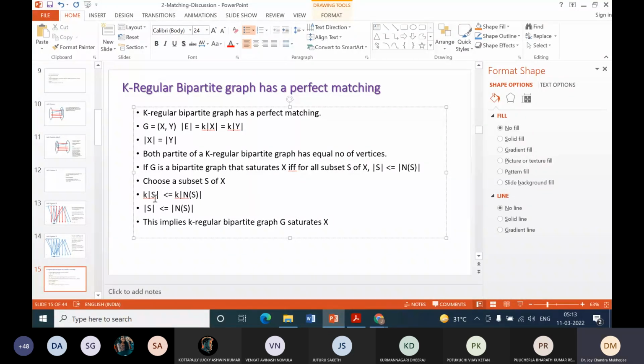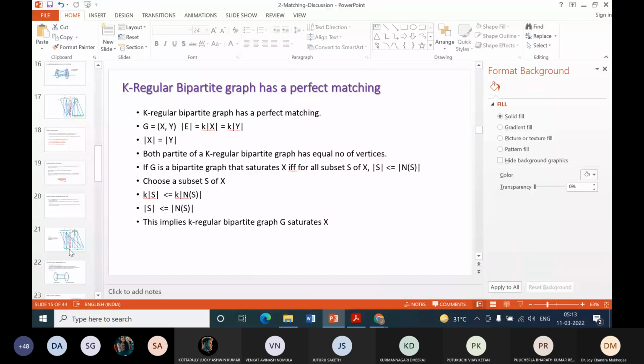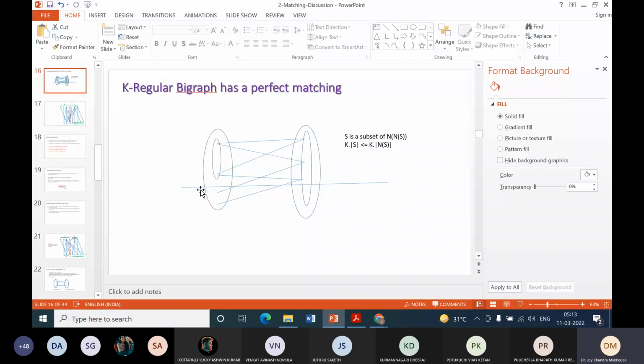So we have a picture to explain this. Suppose this is my S. All of its neighbors, that is NS. And K into NS must be greater than this.